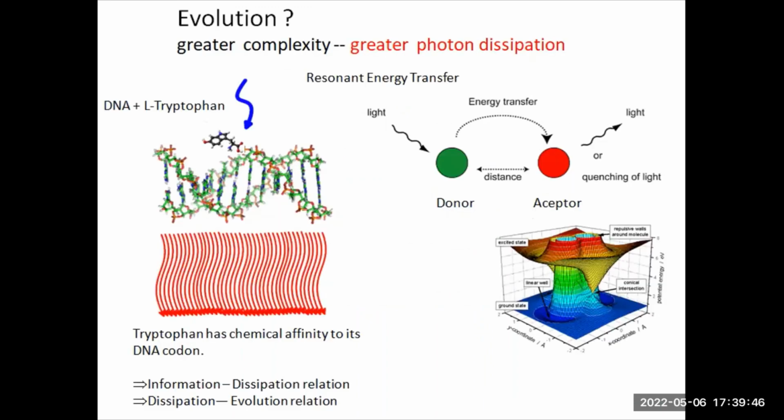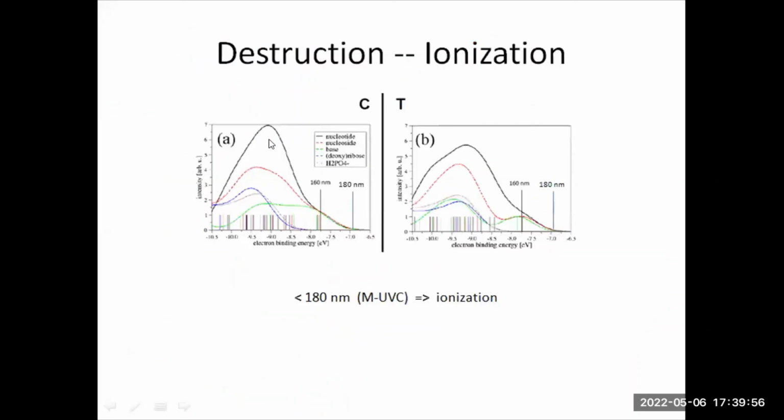So all of this is working on ultraviolet light in the UVC range, which we call the long wavelength UVC range. But we can also get destruction of these molecules, and that is if we have light below about 180 nanometers. So this is the ionization potential as a function of energy of the molecule. If you put in, let's say, 7 electron volts to cytosine, you can get it to lose an electron.